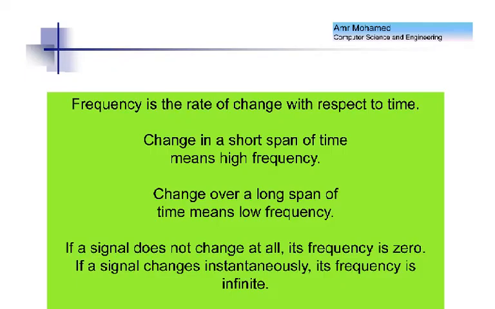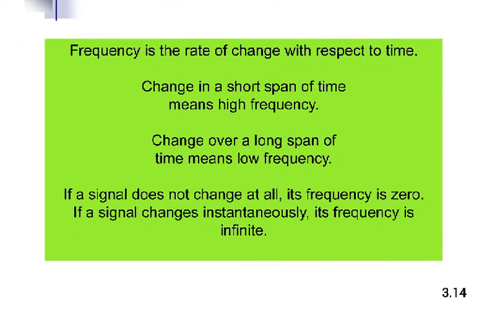So frequency is the rate that the signal changes. This is the practical meaning of frequency with respect to time, of course. So if the signal changes in a very short period, this means that the signal has a high frequency. Bravo.